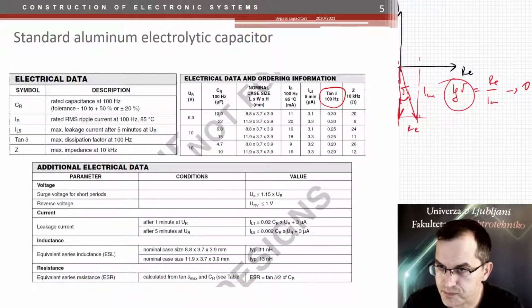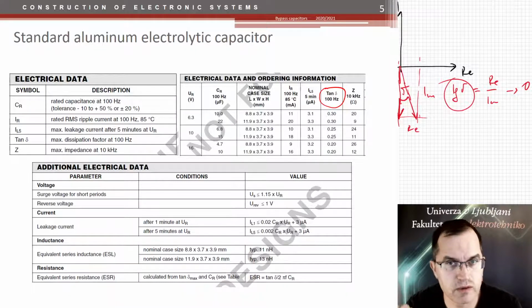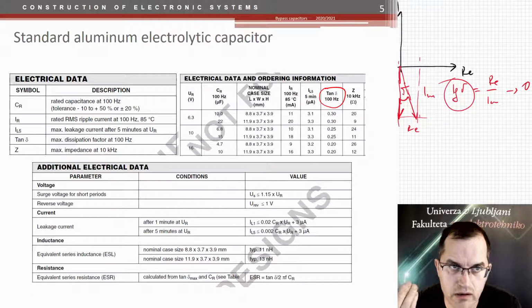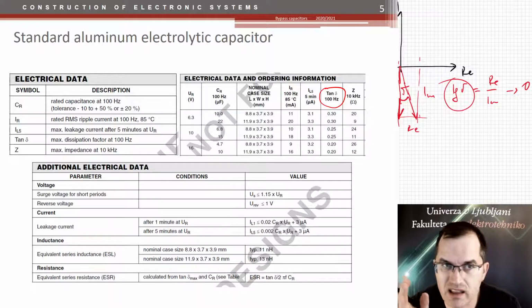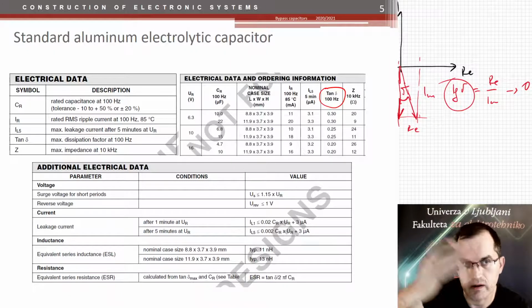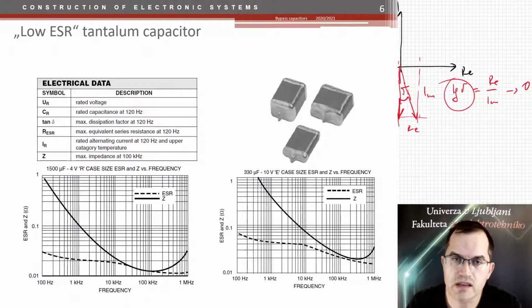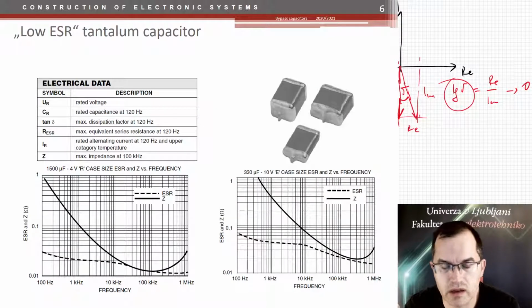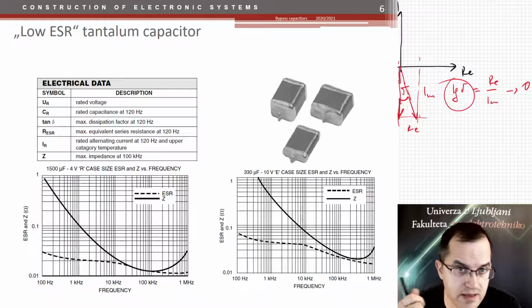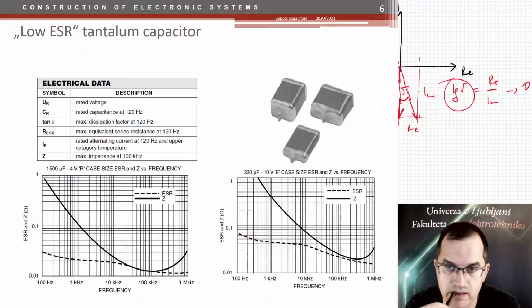So you can have very good aluminum electrolytic capacitors that work up to hundreds of kilohertz, but that's more or less the limit of how far this technology can reach. The low ESR, so-called low equivalent series resistance, capacitors are better in that sense.